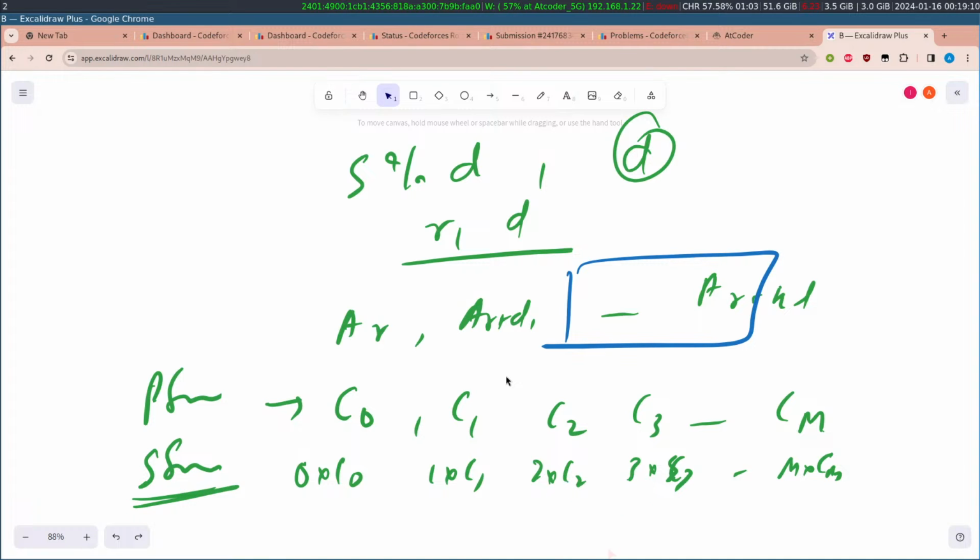Then let's say our sum is in the range from 3 to, let's say, 8. If we take a difference between R and L minus 1, we can write it as 3 C3 plus 4 C4 plus 5 C5 plus 6 C6 plus 7 C7 plus 8 C8. And we can add plus 2 C2 plus 1 into C1 plus 0 into C0, and we can subtract the same part.